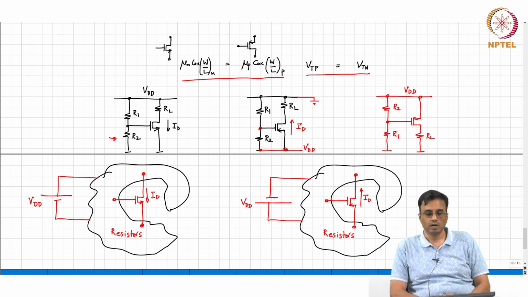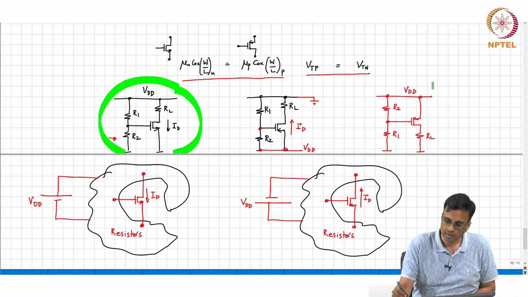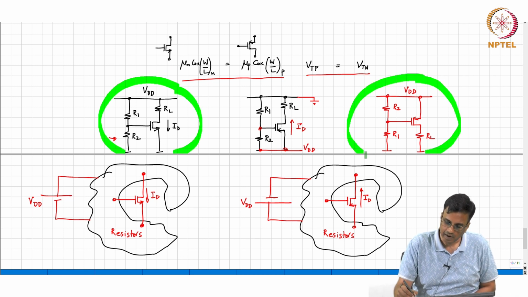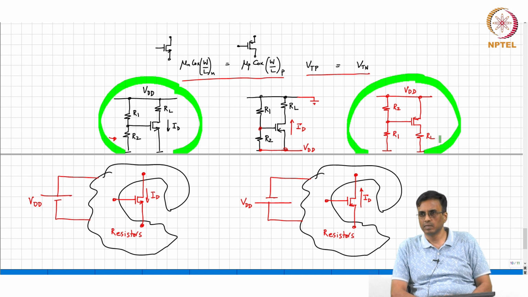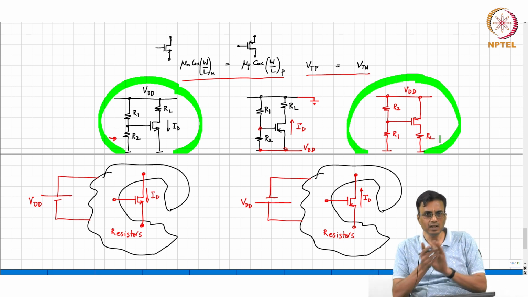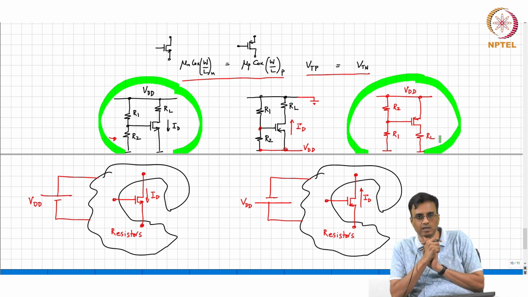So, this guy and this guy will have exactly the same operating point, same incremental gain, same everything, provided the transistors are identical except for the NMOS being PMOS.